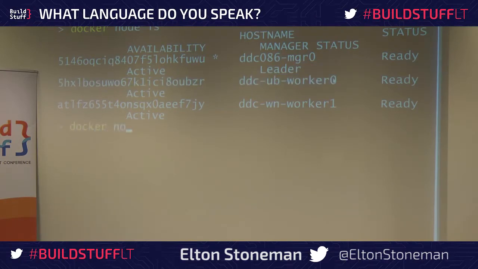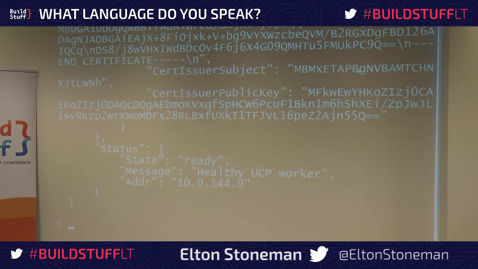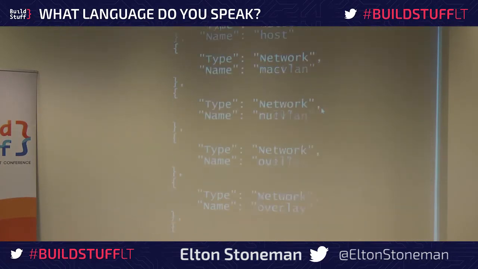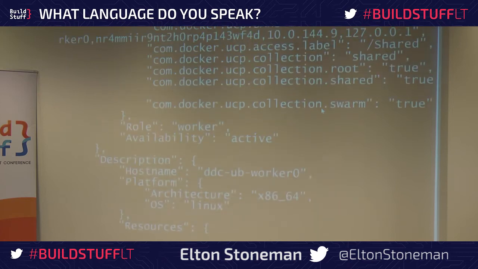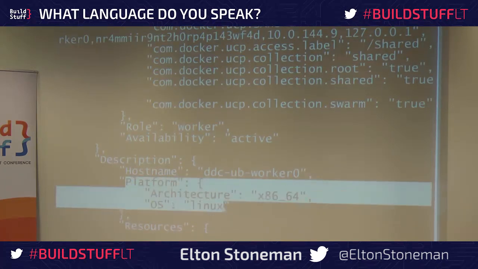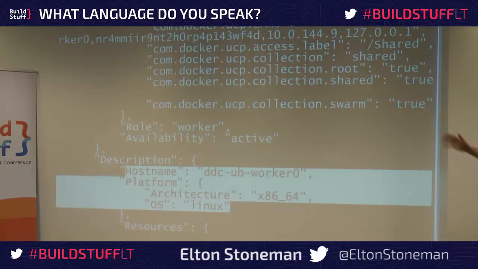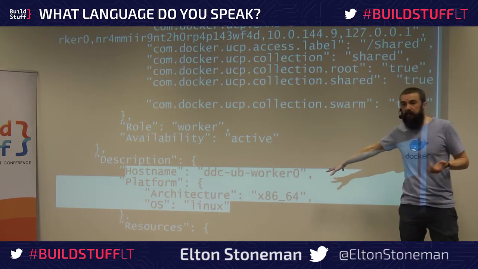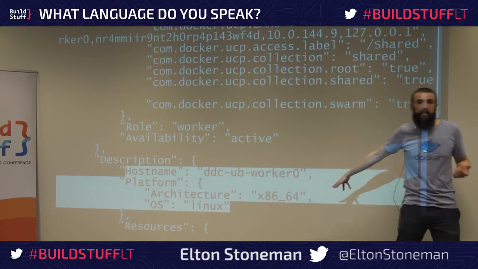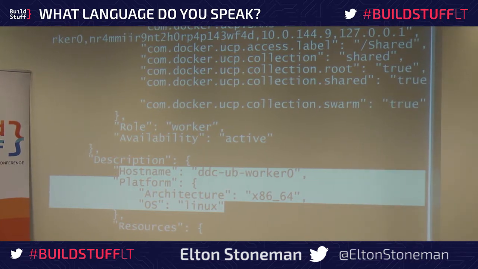I don't have to guess that because I can find it out by looking at the nodes. So if I do a docker node inspect, it's going to tell me lots of information about that node. A whole bunch of stuff that I'm not necessarily interested in, but it tells me this, which I am interested in. So I know the host name of this machine, which is my Ubuntu worker, and Docker knows that it's a Linux machine. And it knows it's running on x86 as well, which is important because Docker also supports ARM and IBM mainframes.